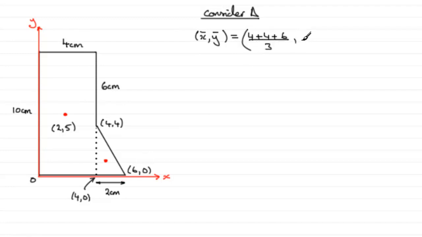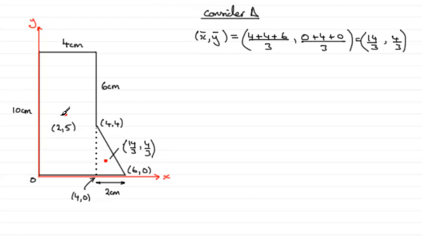And then for y bar, we've got 0 plus 4 plus 0 all divided by 3. And if we work that out, we've got 14 thirds for x bar, and for y bar, we've got 4 thirds. Okay, so that's the coordinates of the center of mass of that triangular lamina here. Let's just mark that in now as 14 thirds and 4 thirds.